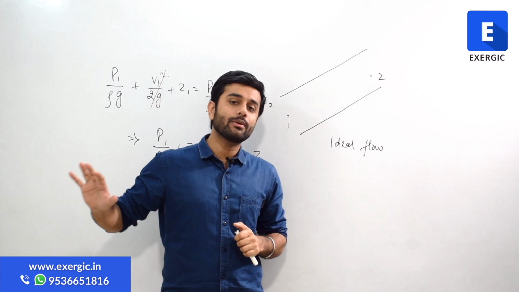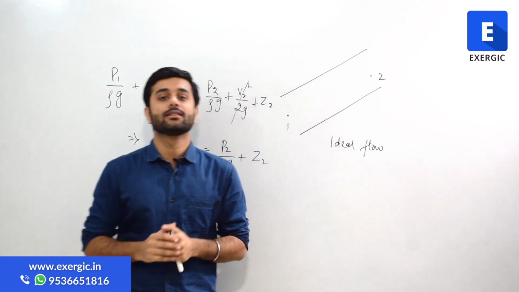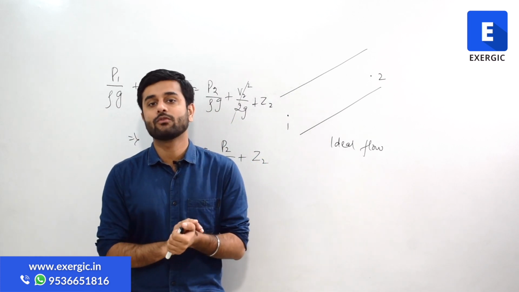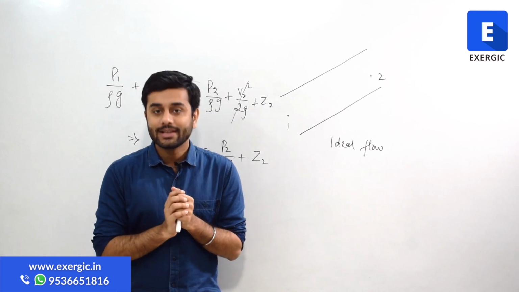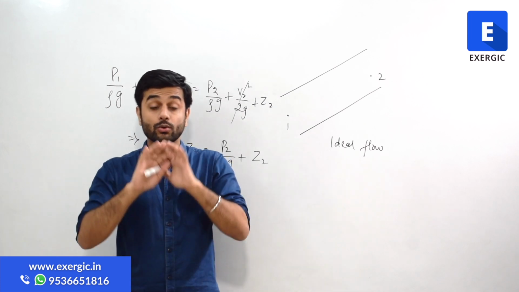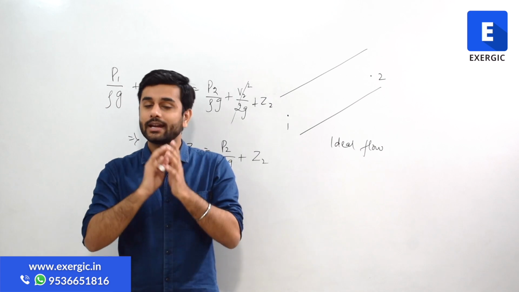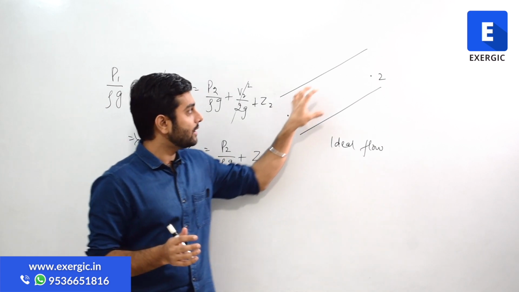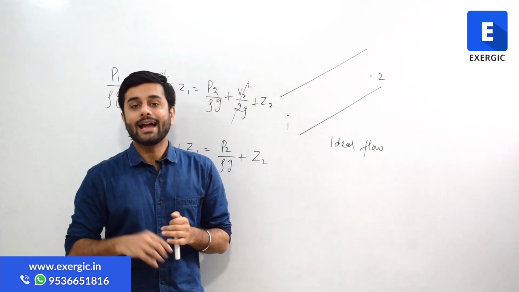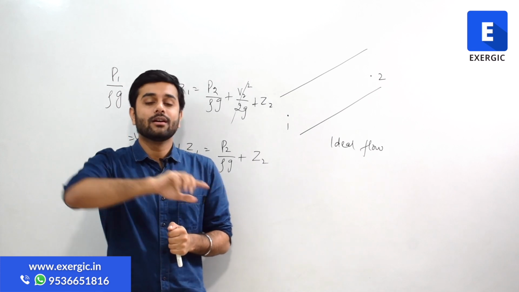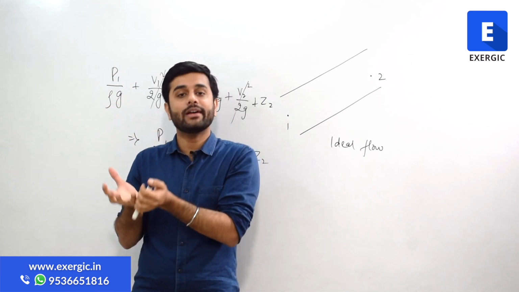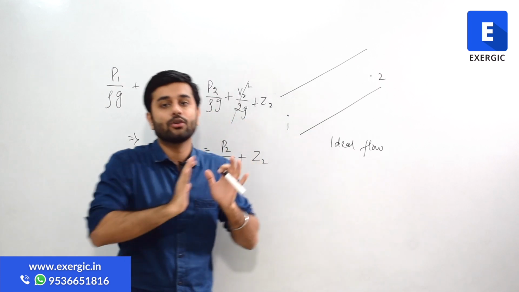In any normal case with head loss, with the viscous effects, what would you do? You will calculate the net head, total head, pressure head, velocity head, datum and everything at point 1 as well as point 2. And flow will occur from higher value of total energy to lower value of total energy.